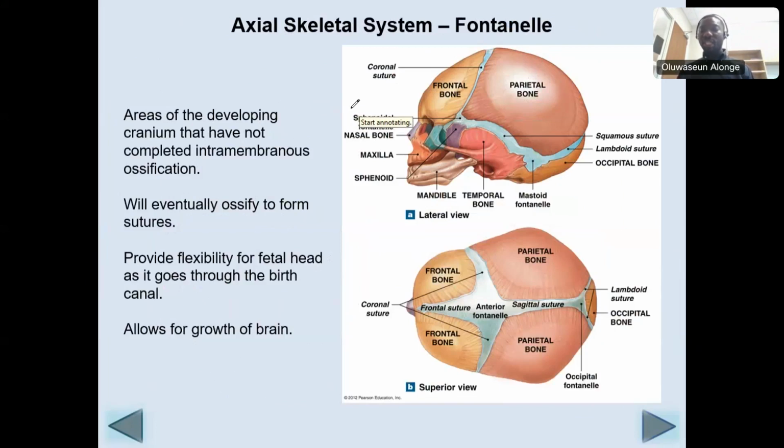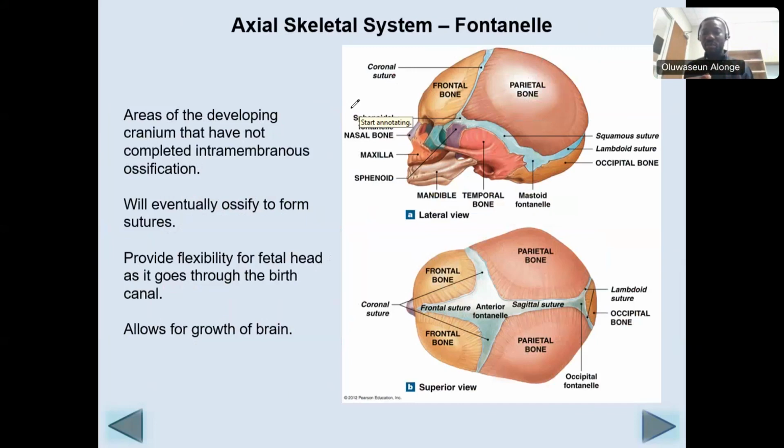And that is why they are flexible enough to pass through the birth canal for the baby to be born. If not, every child will be born with a C-section. But the fact that the fontanelle is still there, the baby's head is not fully ossified, fully calcified, means they can be flexible, pass through the birth canal, and now take back their shape again.